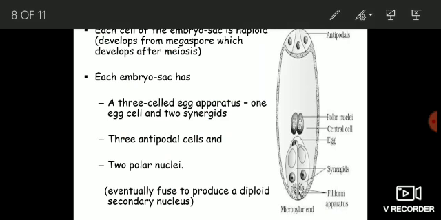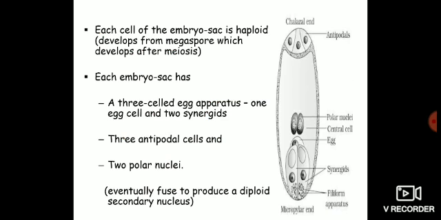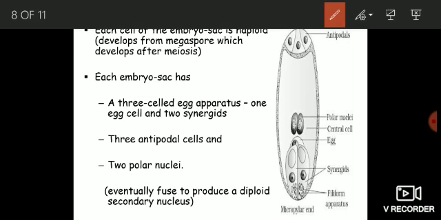Here you can see the female gametophyte, and this female gametophyte has been formed as a result of divisions in the megaspore. How was the megaspore formed? Because of meiosis. That means the megaspore is haploid, so all the cells of the female gametophyte too are haploid. In angiosperms the female gametophyte or embryo sac is a 7-celled and 8-nucleate structure.